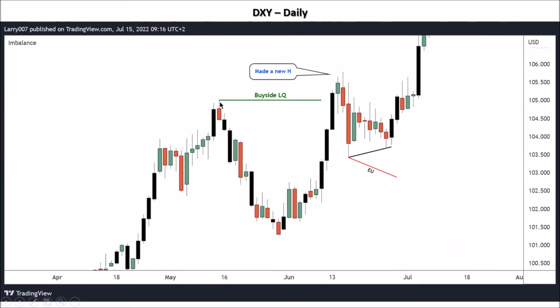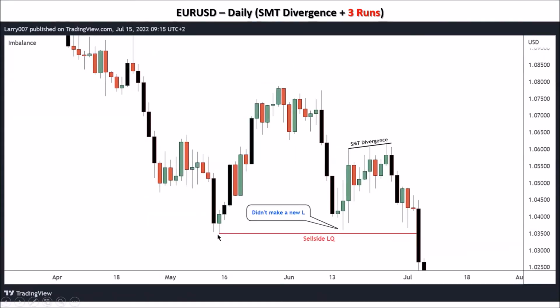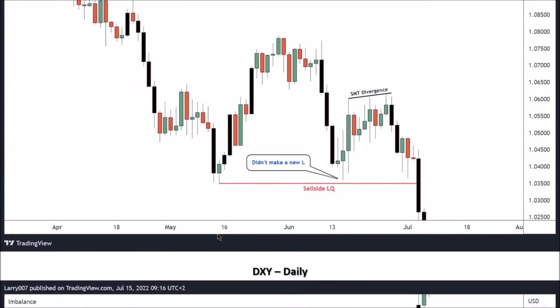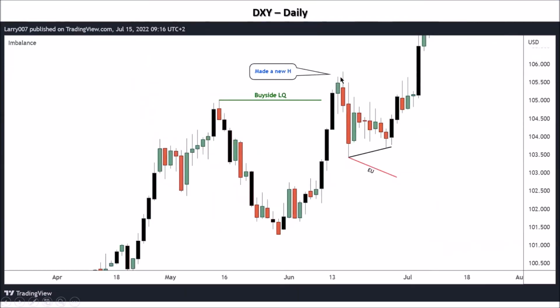So this corresponds to the sell side liquidity on EU, okay? So this is already taken, and EU, which has made the free highs, so DXY should make free lows, lower lows. It doesn't.